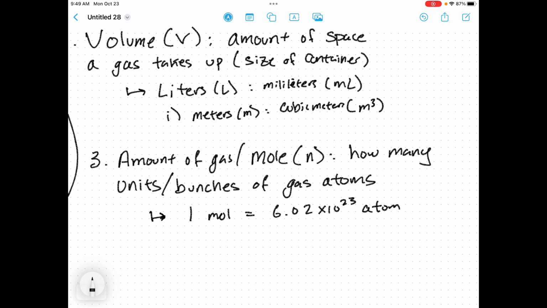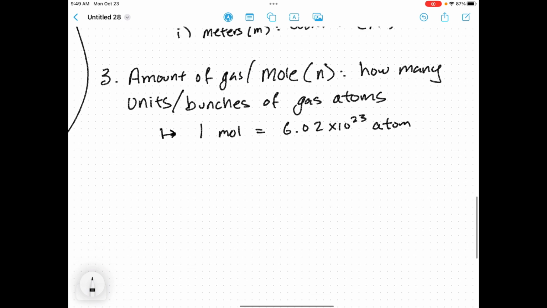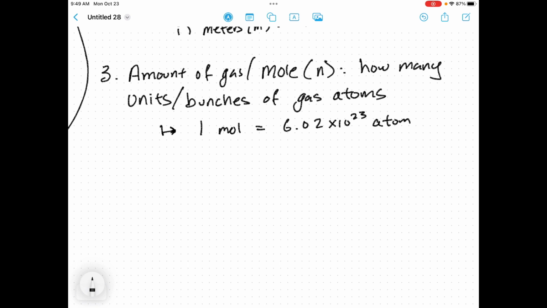The thing about moles is it doesn't matter what the mass is. All atoms are going to take up the same amount of space. If I have 1 mole of helium and 1 mole of, say, argon gas, both of these are gases, so they're going to take up the same amount of room.